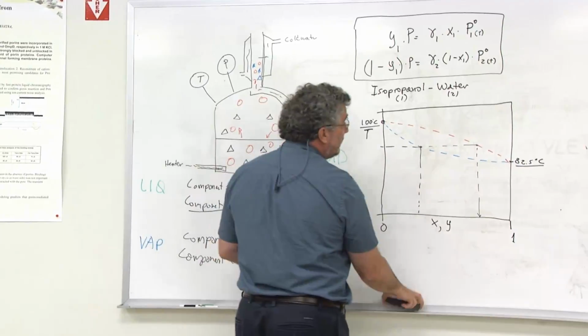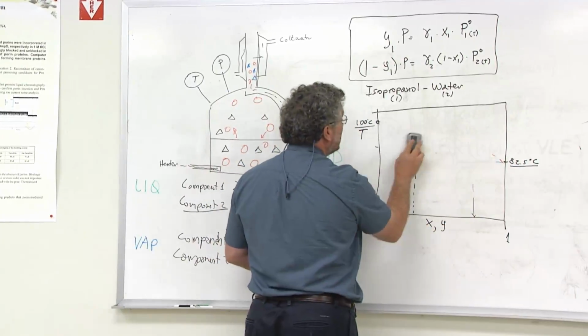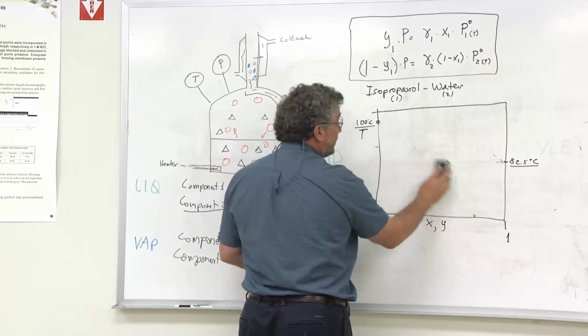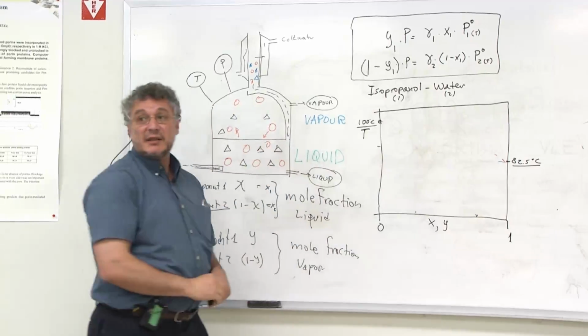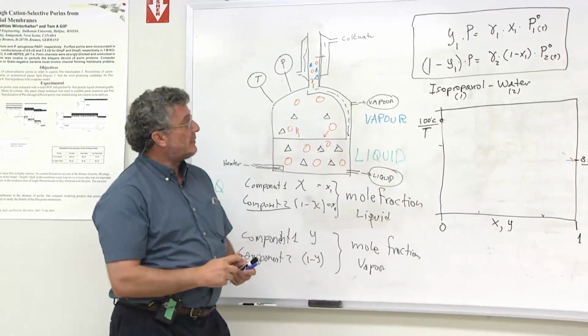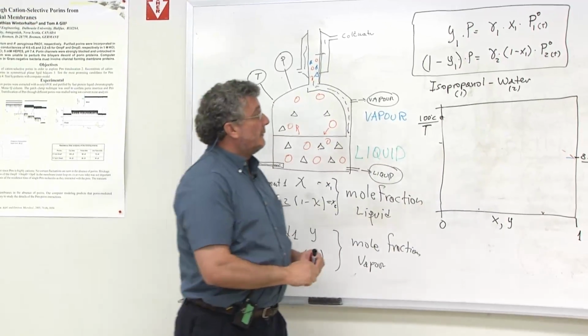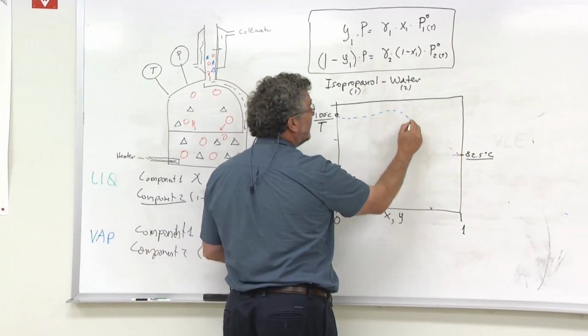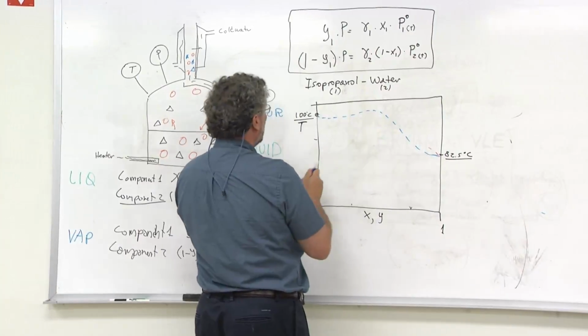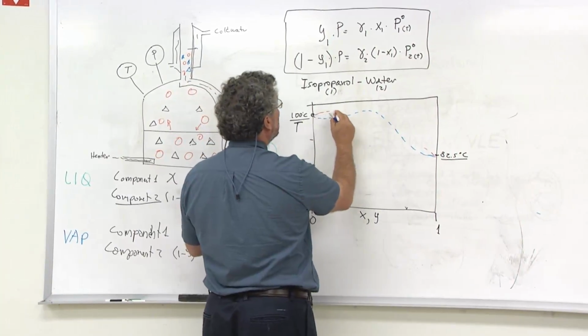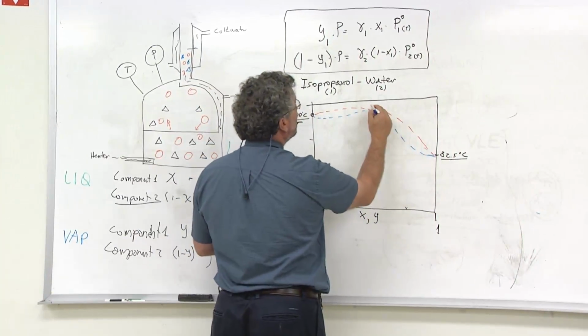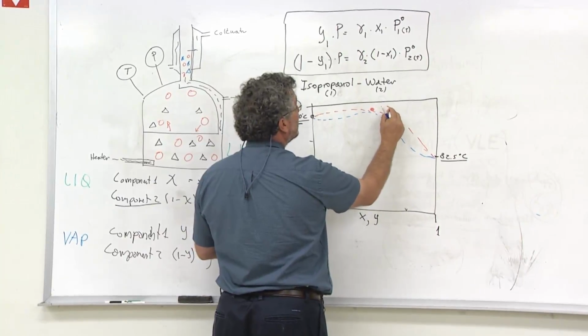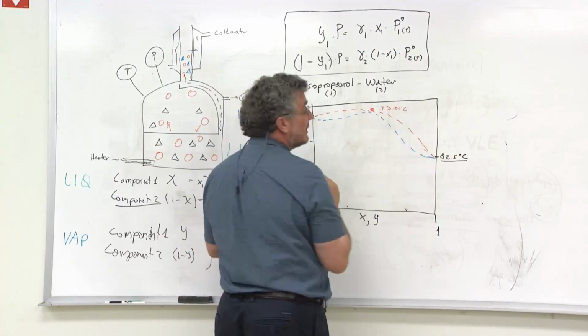The reality, however, is somewhat different, and you are going to find that this system has an azeotrope. Now, there are two kinds of azeotropes. There are high boiling point azeotropes, and in this case you end up finding situations like this one, where the temperature is going to be larger than 100 degrees Celsius.